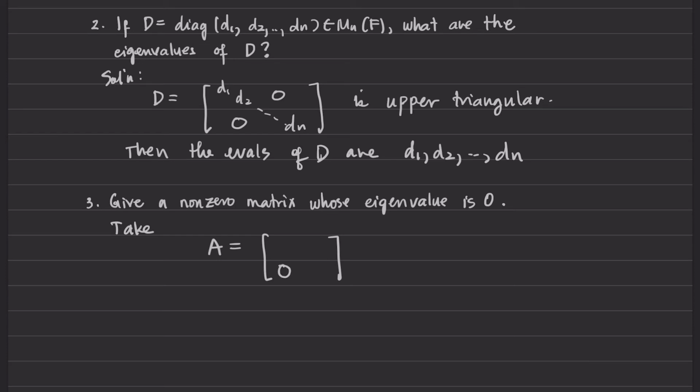Tapos, kung gusto mo na 0 ang eigenvalues, tas upper triangular, so yung nasa diagonal entries mo, 0. Gusto mo siya non-zero matrix, edi maglagay ka lang ng number dyan. Okay? So, maraming examples for that. So, as you can see, this is upper triangular, therefore, the eigenvalues are 0 only. Pero, this matrix is non-zero kasi meron siyang non-zero entry.